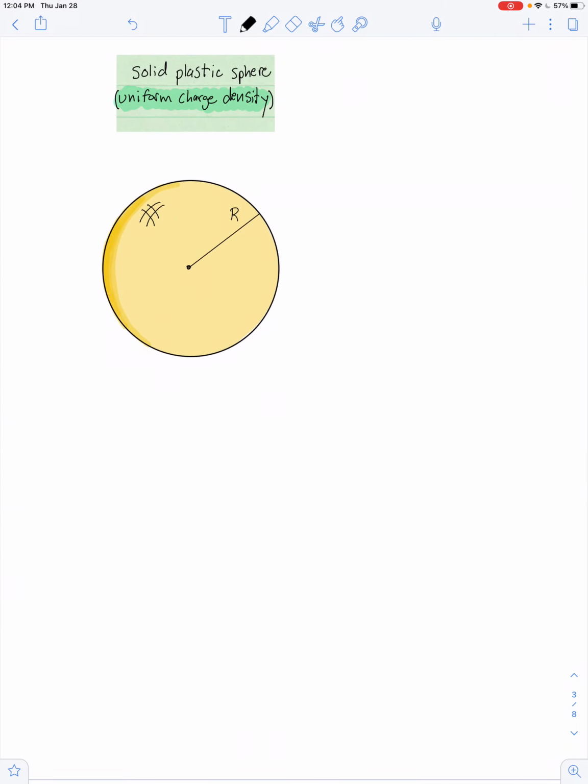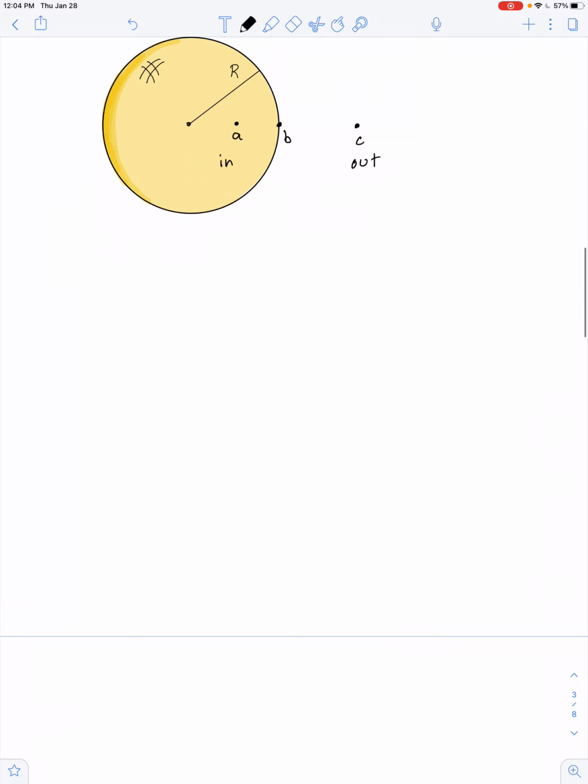Start with our solid plastic sphere and see if we can figure out what's the electric field at point A, somewhere in the interior of the plastic, what's the electric field at point B, and of course, what's the electric field at point C? What's the electric field at points inside, and what's the electric field at points outside? So to find the electric field at a point inside, we'll lean on Gauss's law.